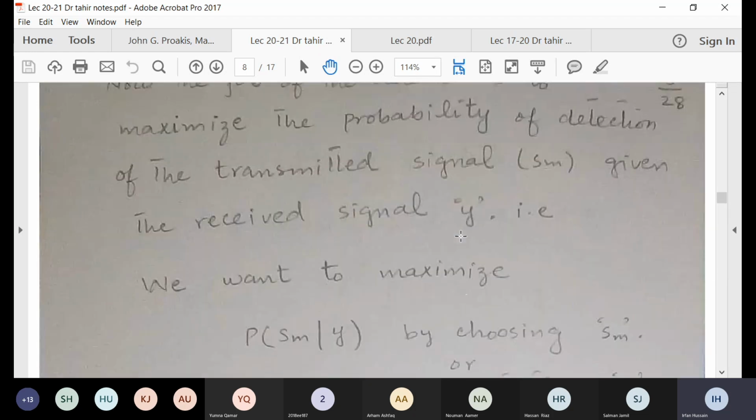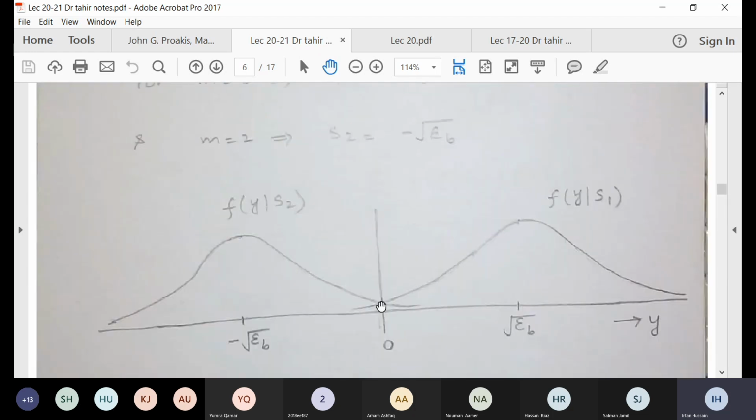From here onwards, the PDF of y given S1 is less than that of y given S2. So summing from minus infinity to, let us say, alpha in general, of y given S1 gives the probability of error, because in this region it will say S2 was sent rather than S1.